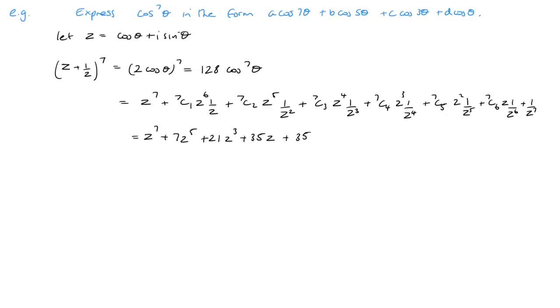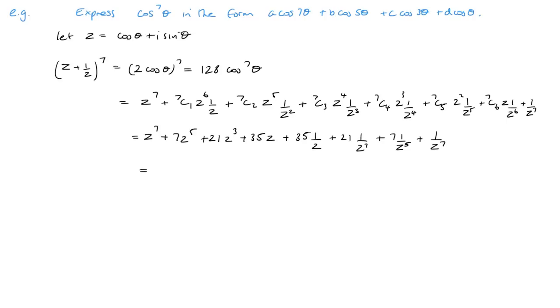Now, z cubed multiplied by 1 over z to the 4 is 1 over z, plus then we've got 21 times 1 over z cubed plus 7 times 1 over z to the power 5 plus 1 over z to the power 7.